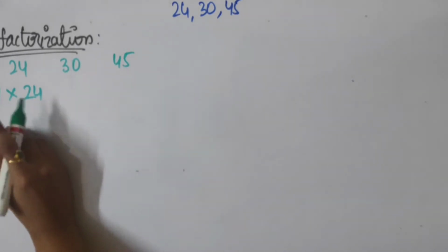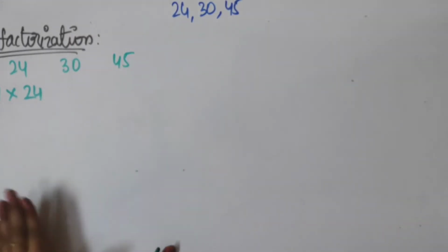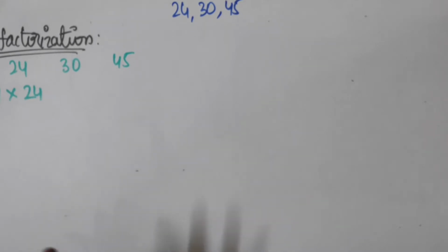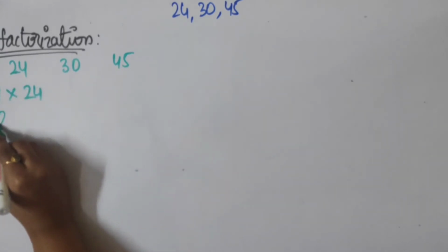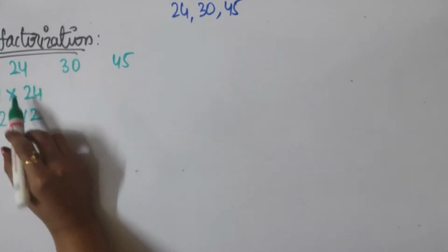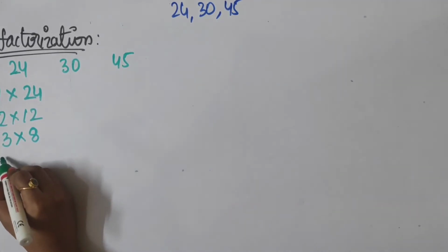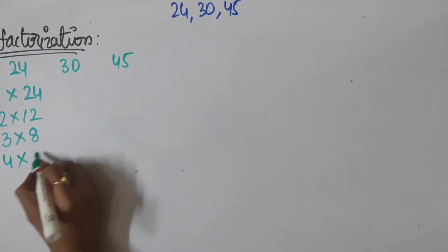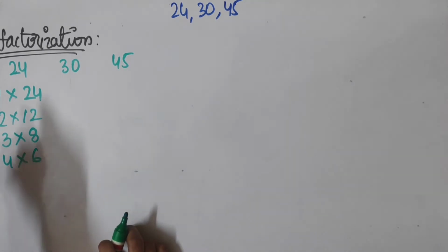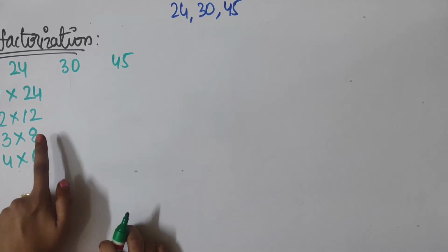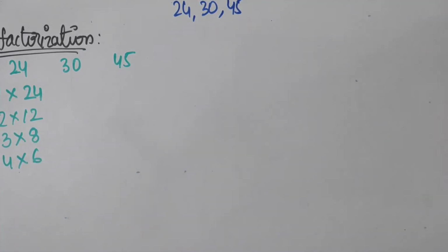Second, we need to check whether it is divisible by each number and what the multiplication of those numbers is. Next, is it divisible by 2 or not? 2 into 12, and it is also divisible by 3: 3 into 8, then again 4: 4 into 6. 24 is not divisible by 5, and then again it is 6: 6 4s are 24. 6 is already here, 8 is already here, 12 2s are 24. So all these are factors of 24.